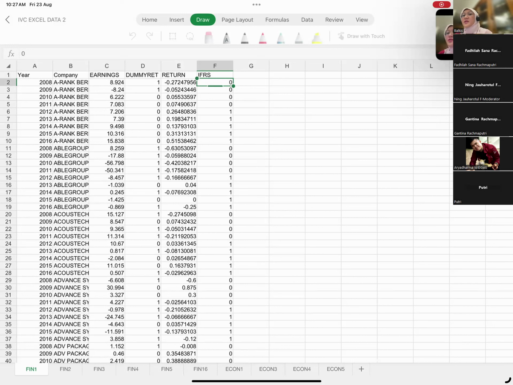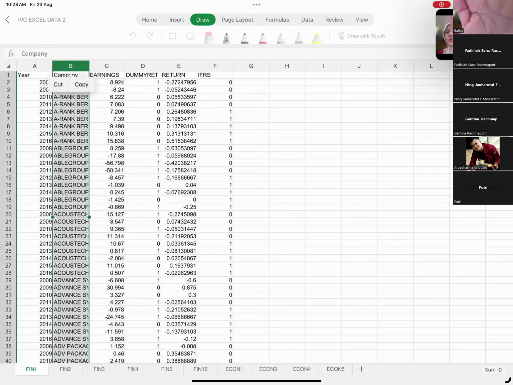Zero dummy means that they are not using the IFRS, International Financial Reporting Standard. One means the company is using the International Financial Reporting Standard when they come out with their report in the financial statement. So this is the accounting and finance equation model for using the panel data.